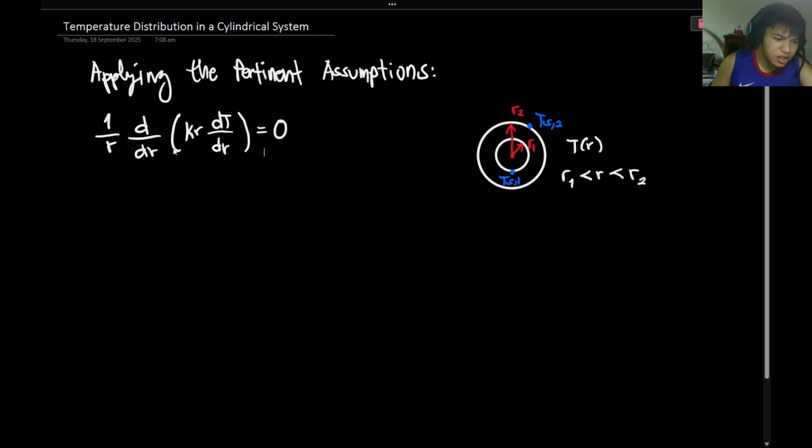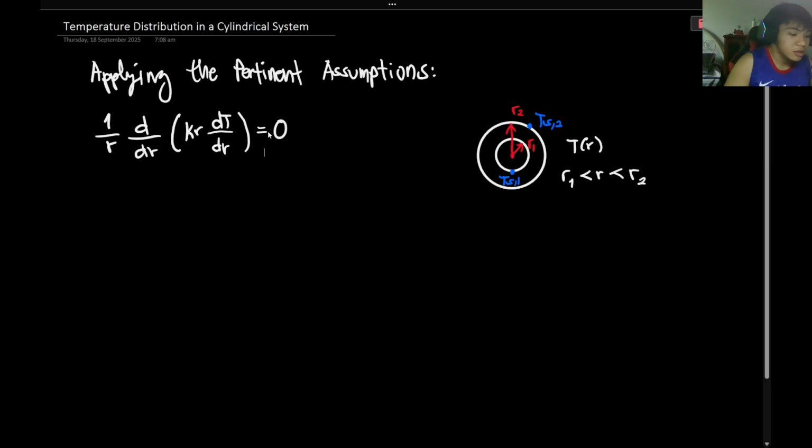If you chose that, you will have this equation, 1 over r, d over dr. It is no longer a partial derivative since you only have one variable at this point. So that's k r dT over dr equals 0, since we applied our four assumptions.